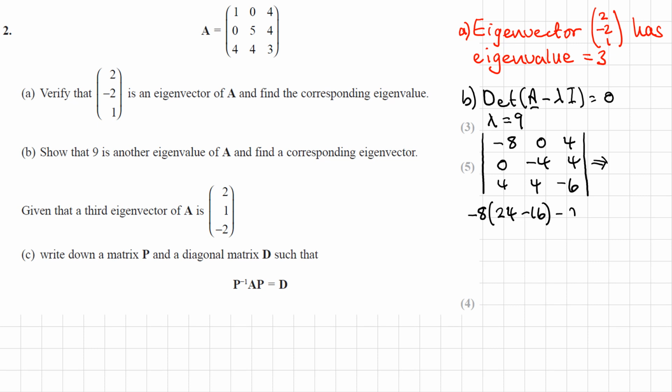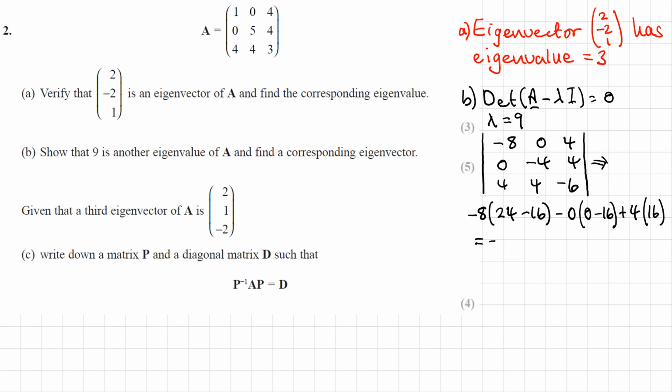I could actually leave this out because it doesn't matter what I put in the brackets, it's just going to be 0, but I'll put it in for completeness anyway. So it'll be 0 times 0 times minus 6, which is 0, and then minus 4 times 4, so minus 16, and then plus 4 up here, times 0 times 4, which is 0, minus 16, so that's plus 16.